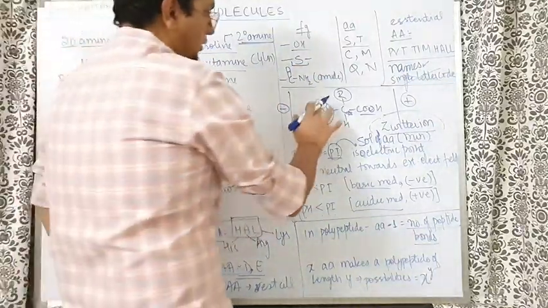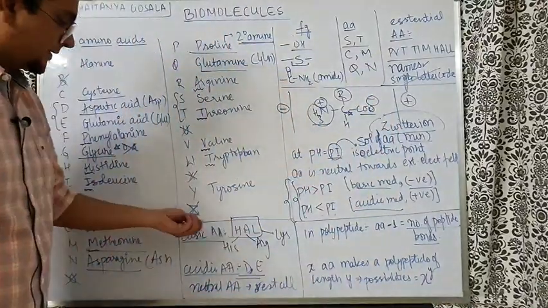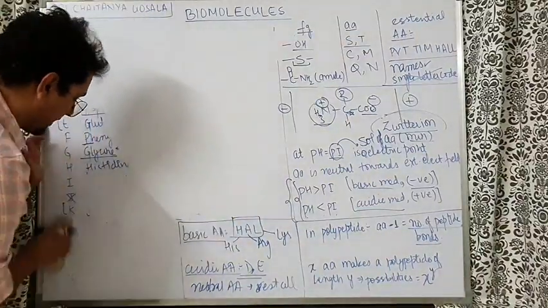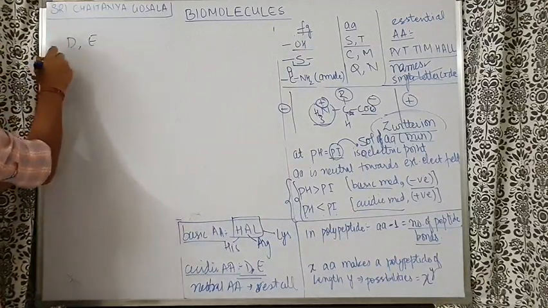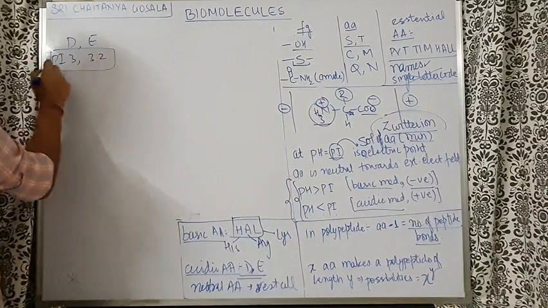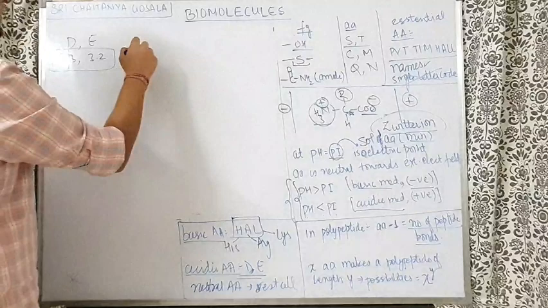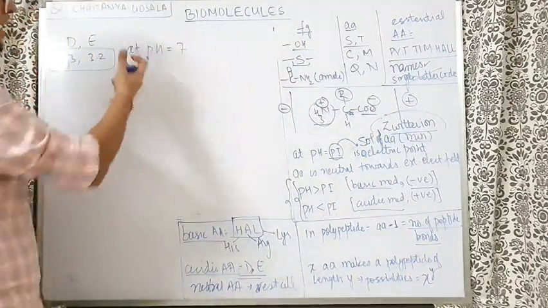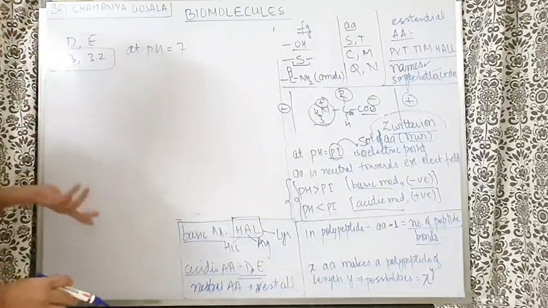So if I ask you a question, let us take the example of glutamic acid and aspartic acid. Glutamic acid and aspartic acid have a pi value of around 3 to 3.2. So if I say at pH 7, now for normal compounds, not in the biomolecule part, pH 7 is neutral.